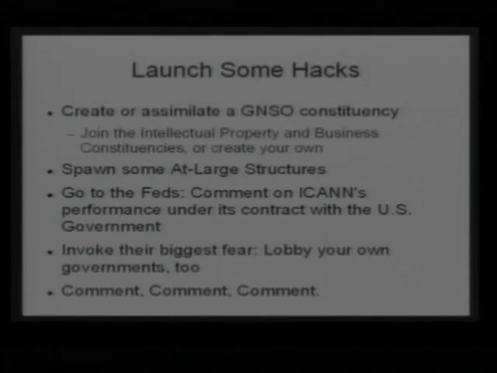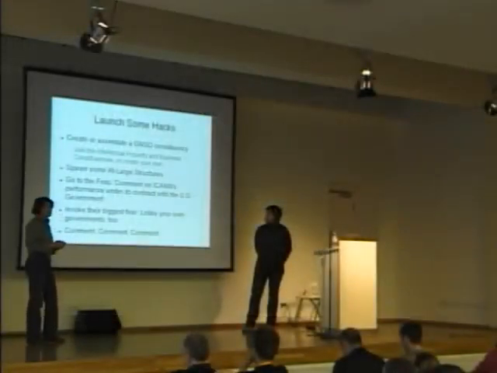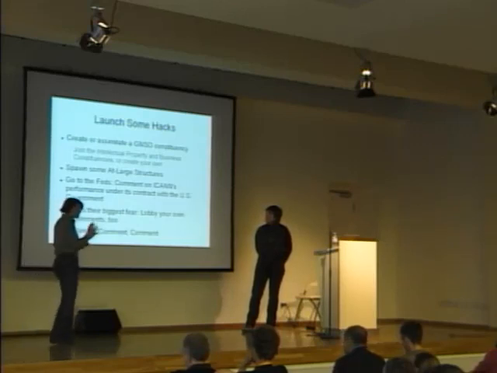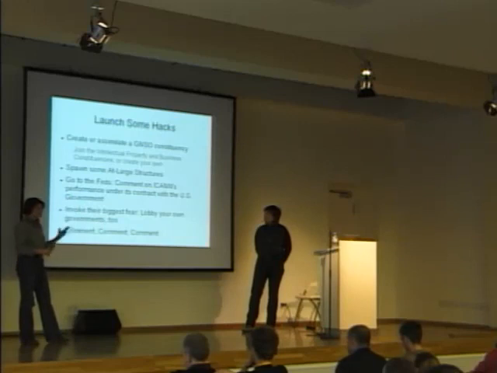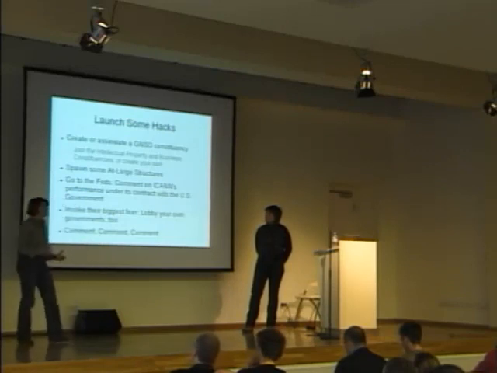introduced. But there are currently 5 constituencies within the GNSO: registries, people like VeriSign who run the .com registry, registrars, the public-facing entities that sell you domain names, the business constituency, the intellectual property interest constituency, the ISP and connectivity providers constituency, and on the other side, tending to take a more public interest, the non-commercial users constituency.